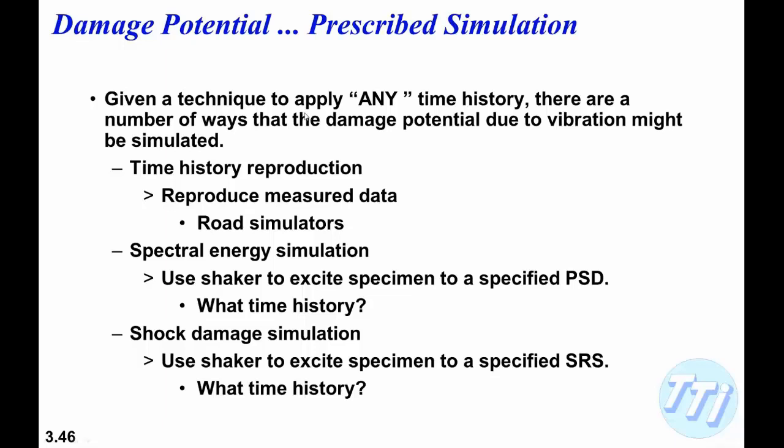So what we need here is a device that allows us to apply any time history, and what this usually means is an electrodynamic or an electrohydraulic shaker, and the question is what we want to make the shaker do to simulate the damage. Time history reproduction is, as it turns out, relatively easy, as we're going to find out when we talk about the control systems.